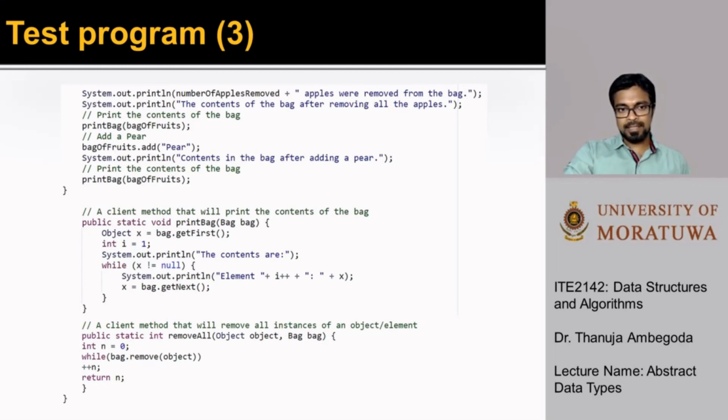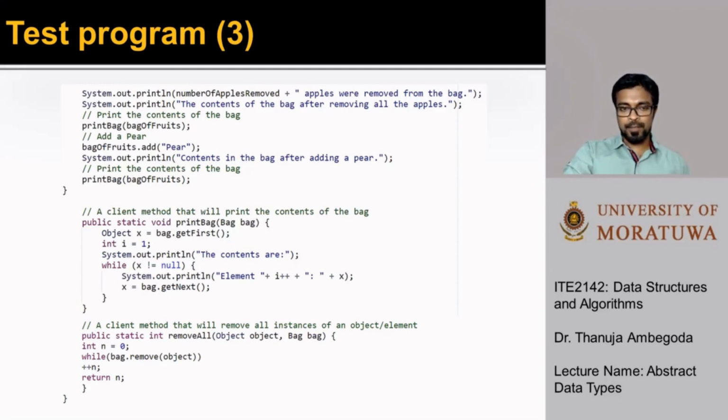Then we have int I equals 1, which is just the index. Then we have a while loop. As long as x is not equal to null, we do this while loop. We print element I is whatever x is, and then we assign x a new value with getNext. So it keeps getting the next element and printing it out while incrementing the value of I.